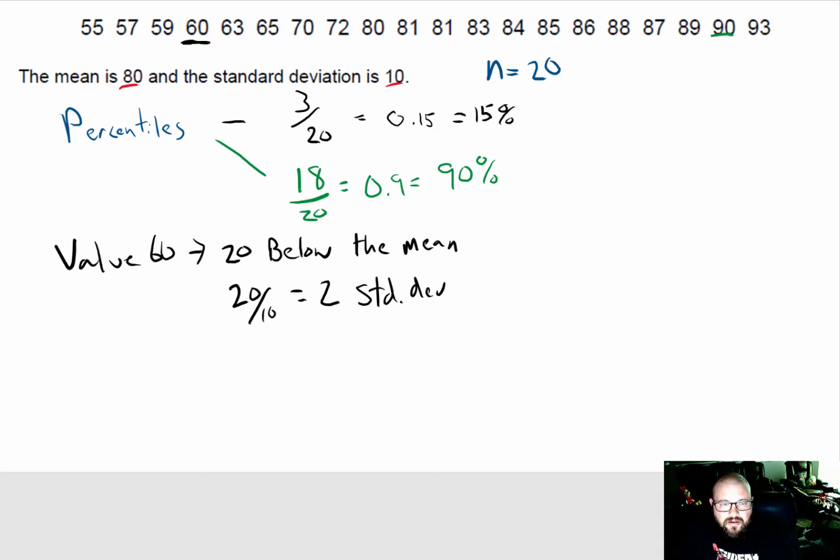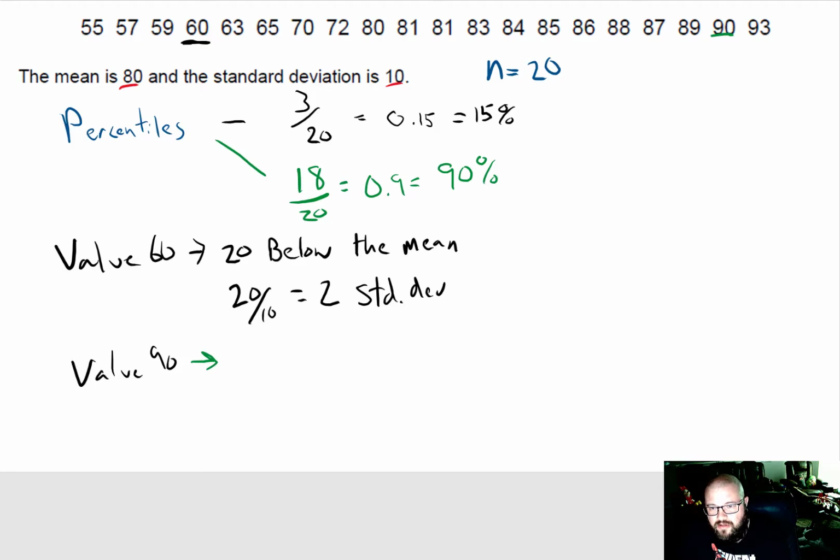Let's think about our other number we looked at. Let's think about the number 90 now. So if we had the value of 90, how far away from the mean is that value and in which direction?